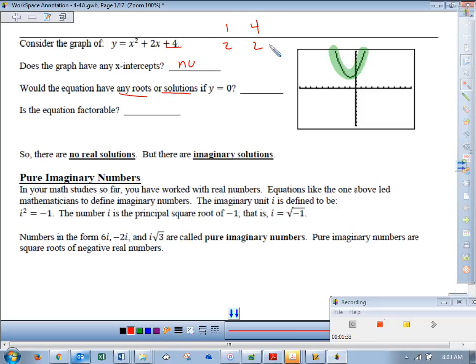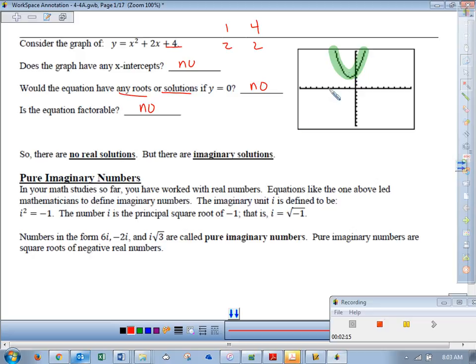Real numbers are what you've been using your whole life. Well, they had a problem when they couldn't find the roots to this. So would this have any roots? No. Is it factorable? No. There's no real solutions to this, but there are imaginary solutions.